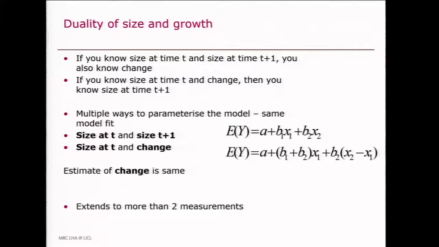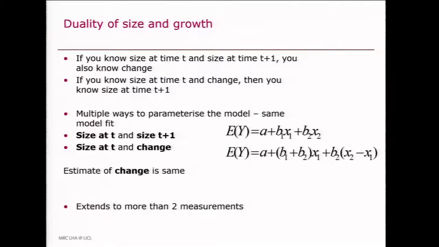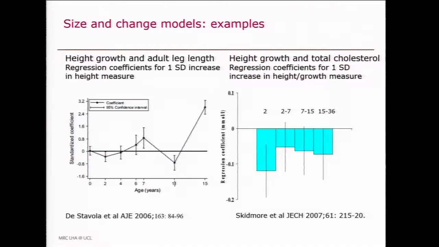So we can interpret that in the same way, but you can see the coefficients for x plus x1, that first time point, are very different. So if you try to interpret that, you can come to very different conclusions. And that equation can extend to more than 2 measurements, which we've shown in a paper in the AJE in 2006.